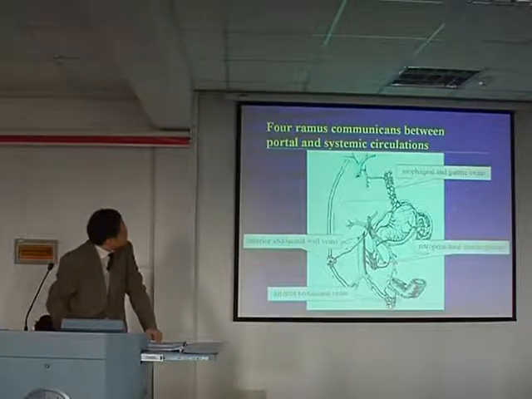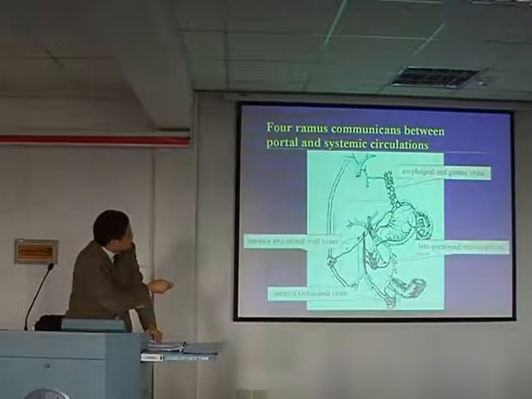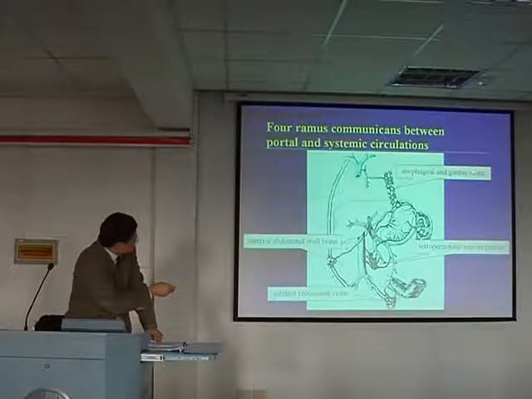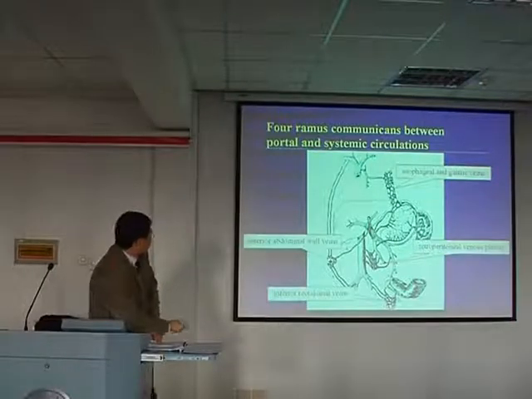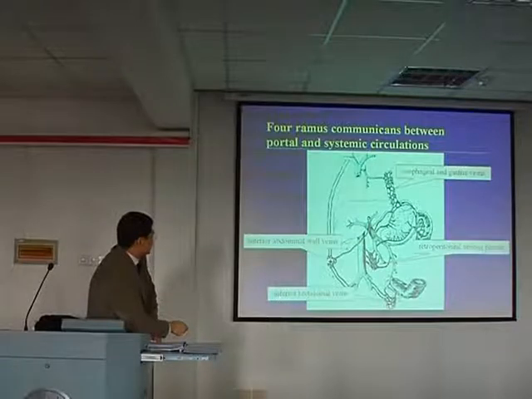Four communications between portal and systemic circulations. Esophageal and gastric veins: the esophageal vein and short gastric vein communicate. The second is the inferior rectal and anal vein.